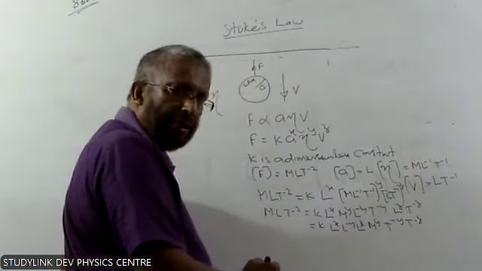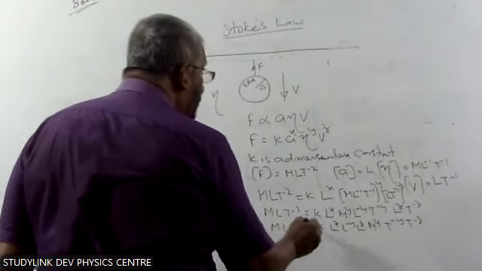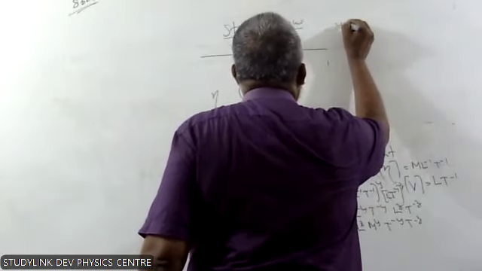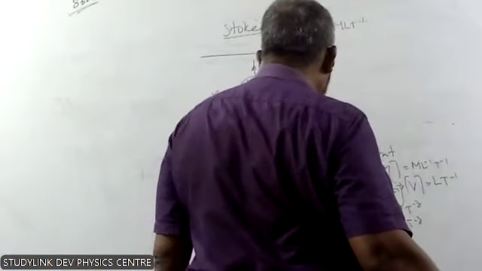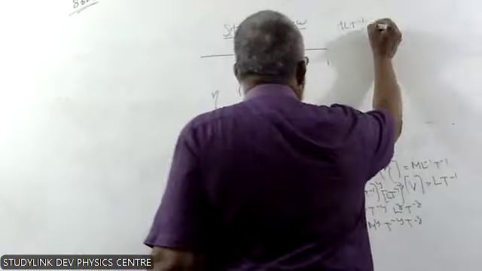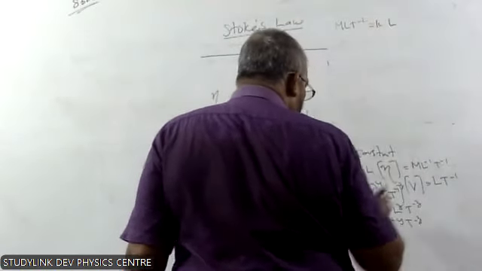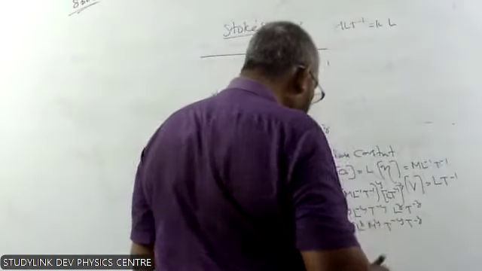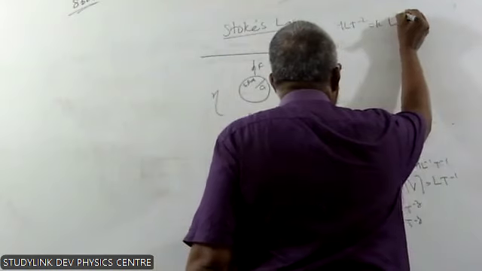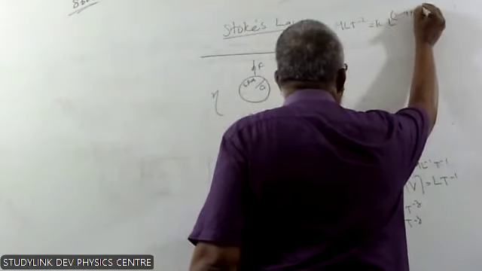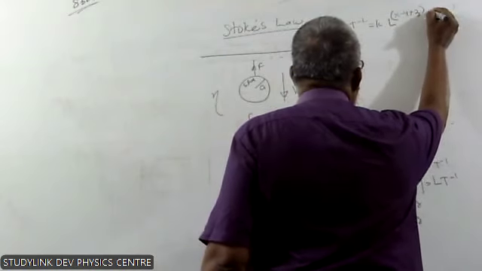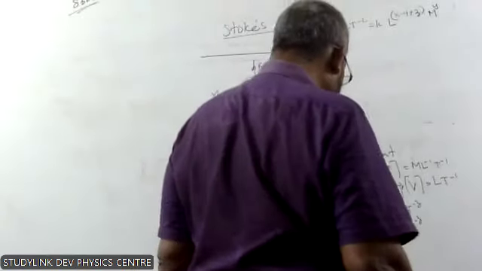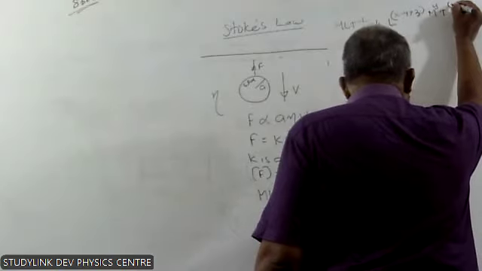Then we can consider M L T^-2 equals K L^(x-y+z) M^y T^(-y-z).